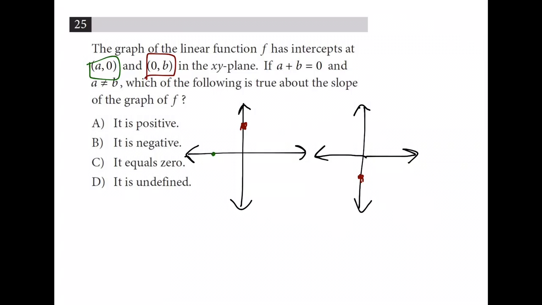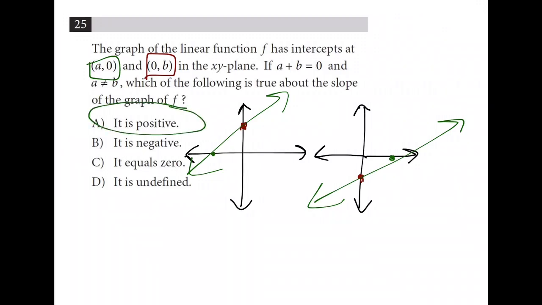Similar thing, when our b value is negative, our x-intercept has to be positive. So if we look at these two possible lines, what has to be true about the slopes for both of them? They're positive.